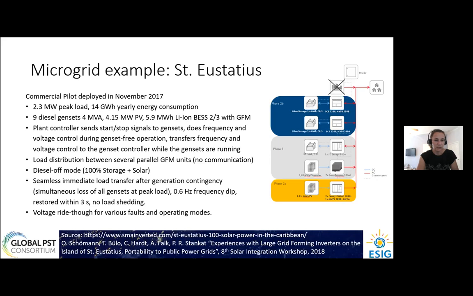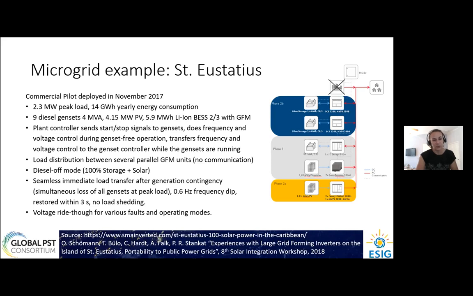They did test in diesel off mode when it was operated. The entire island was operated 100% on storage and solar. And then when it went into operation, now they regularly operate in diesel off mode during daytime when it's sunny and they have enough storage. It can seamlessly and immediately transfer load during generation contingency, and they experienced simultaneous loss of all gensets during peak load conditions in real time in operations.